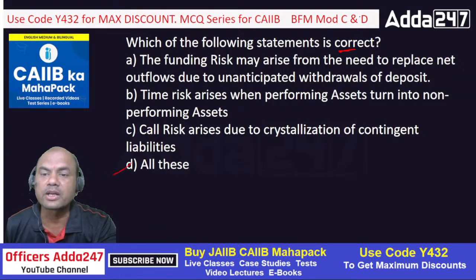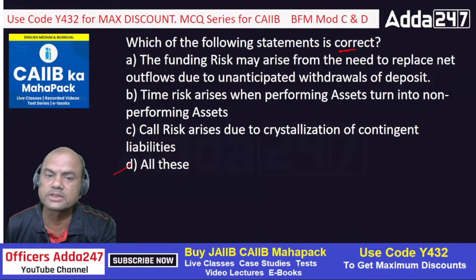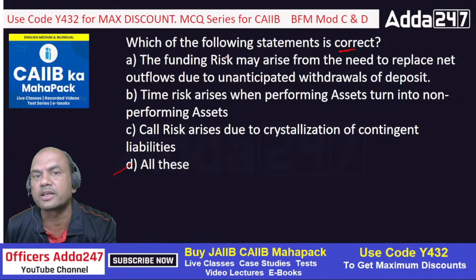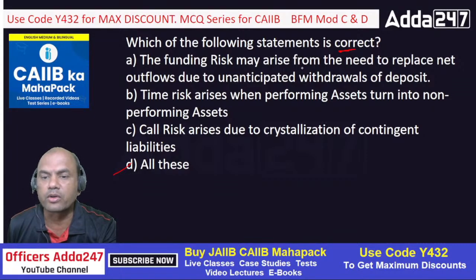Why? Because we want the correct ones. This is correct. Call risk arises due to crystallization of contingent liabilities. That is correct. Funding risk may arise from the need to replace net outflows due to unanticipated withdrawals, because that will definitely give rise to funding risk, right? Because if there are withdrawals of deposits, you don't have further funds, right? Time risk arises when a standard asset turns into an NPA.